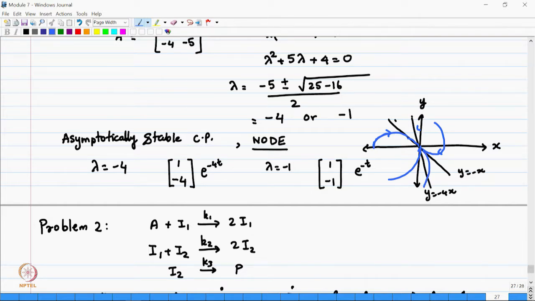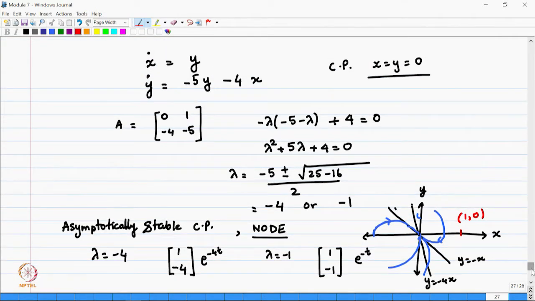Now, suppose I start with a point at x equal to 1, y equal to 0. Okay. So, what will be the behavior of this point? Since y is equal to 0, x dot is going to be 0, and you started at this point.